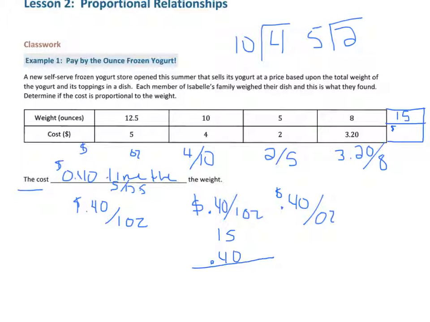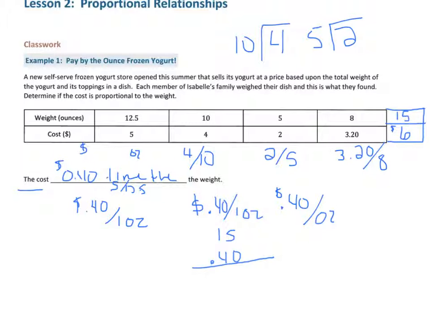So his would have cost $6. Since we are getting our cost by multiplying by the same number every time, we know that it is proportional. The cost is proportional to the weight.